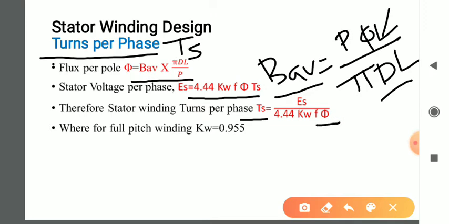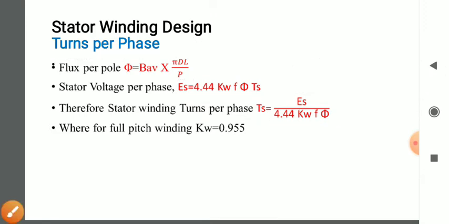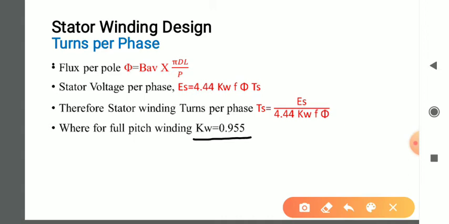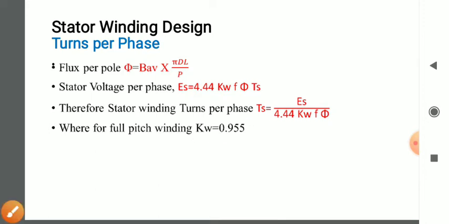If we assume a full pitched winding, then as we know, Kw is 0.955. So after the assumption of Kw and the calculation of phi, we can calculate the number of turns per phase Ts by using this equation.